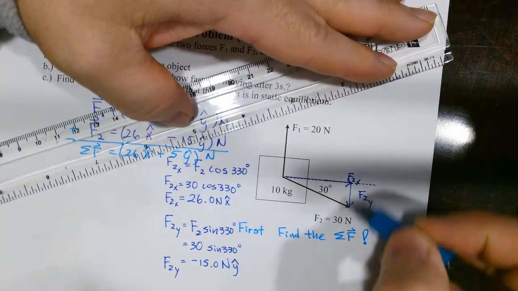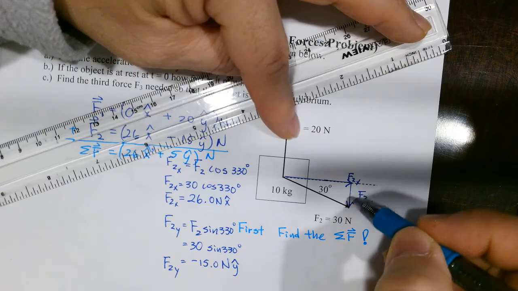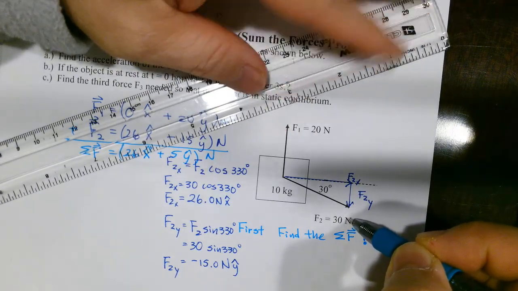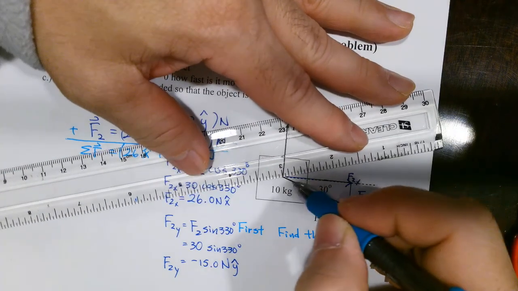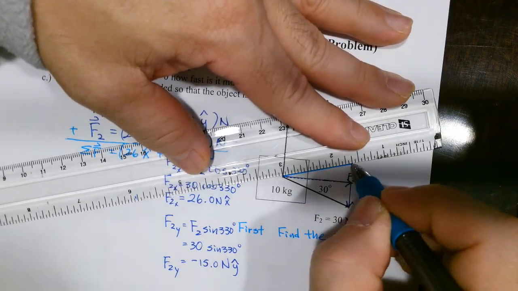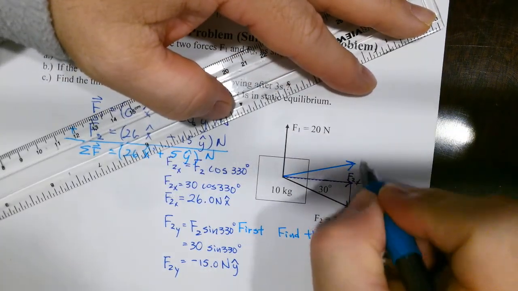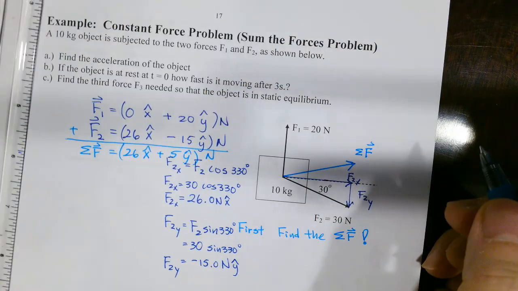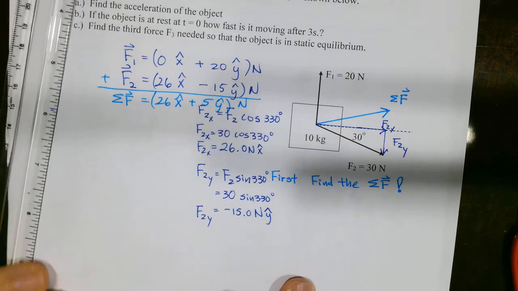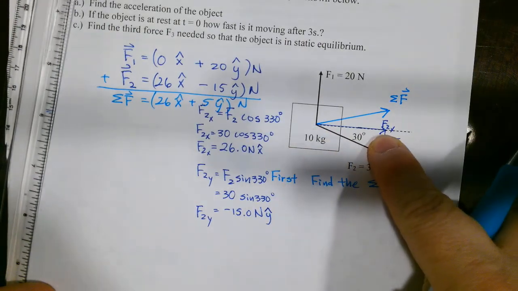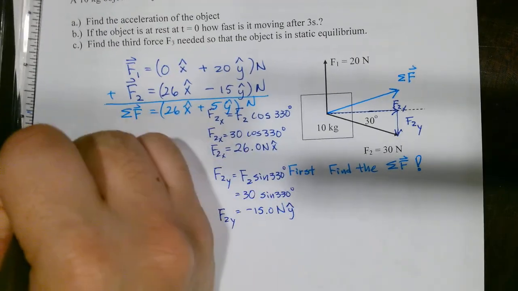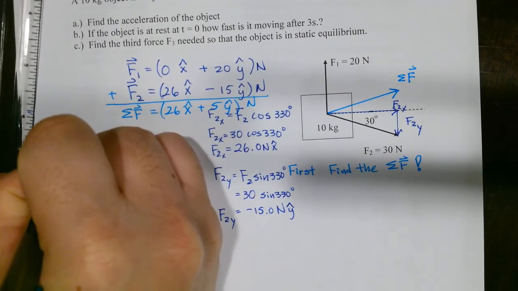Now obviously this is off scale because this is 20 and this should be 15, so you should be way down here, right? So here again, this is my net force, 26, 5y.